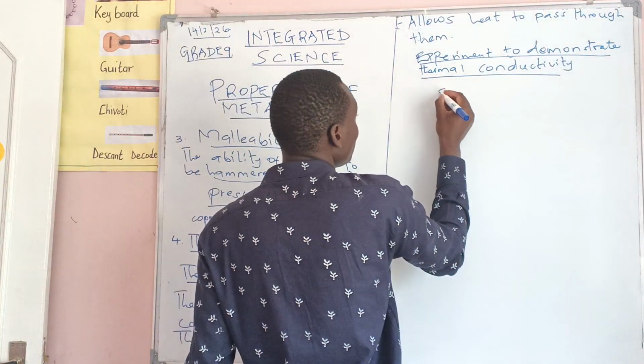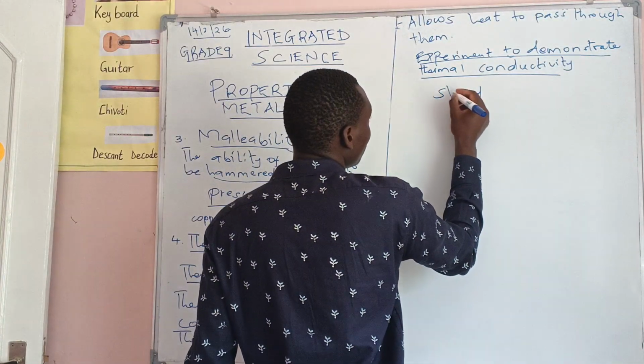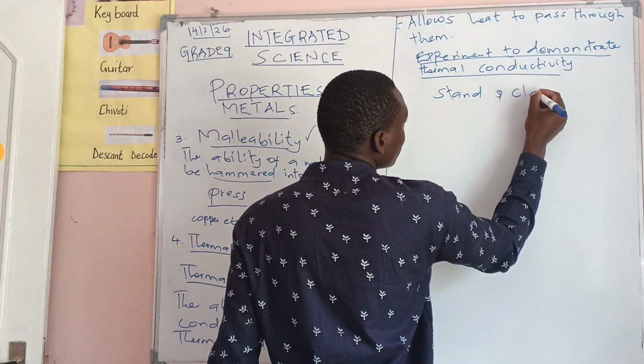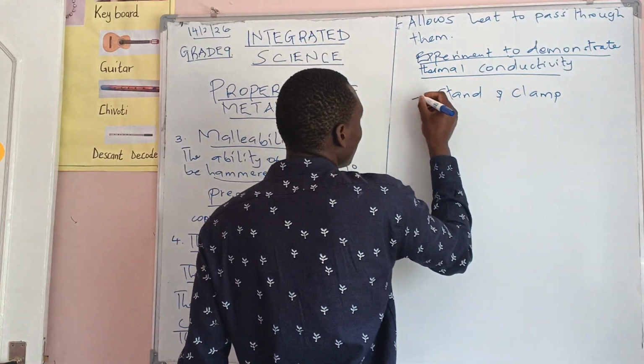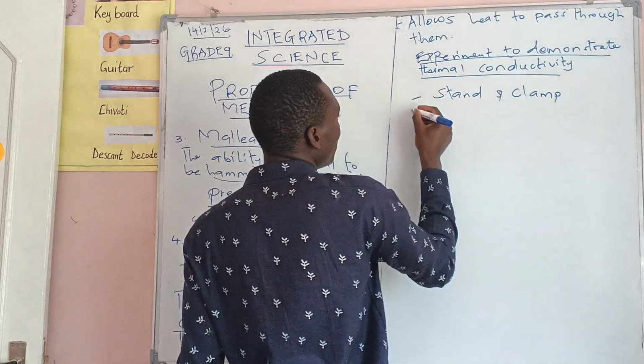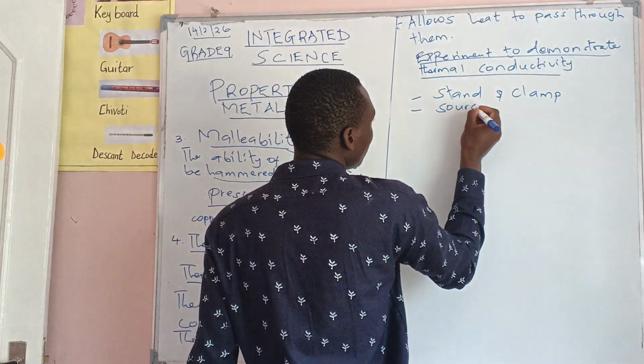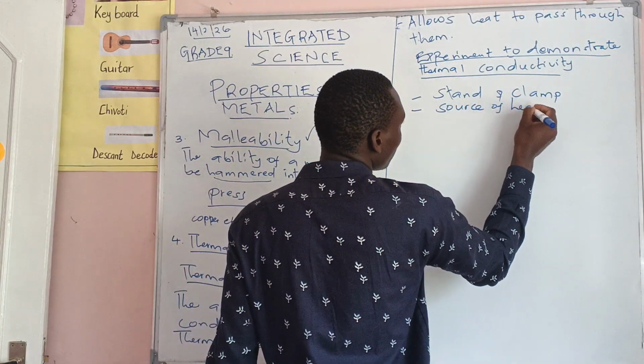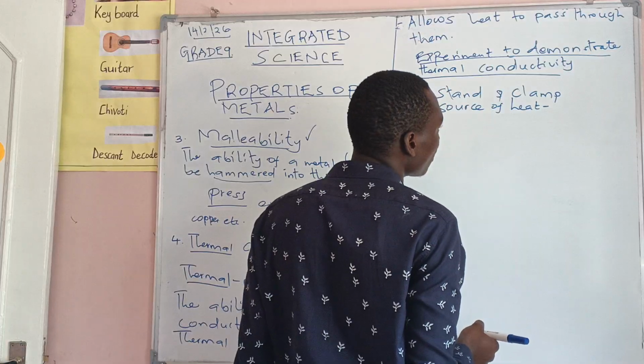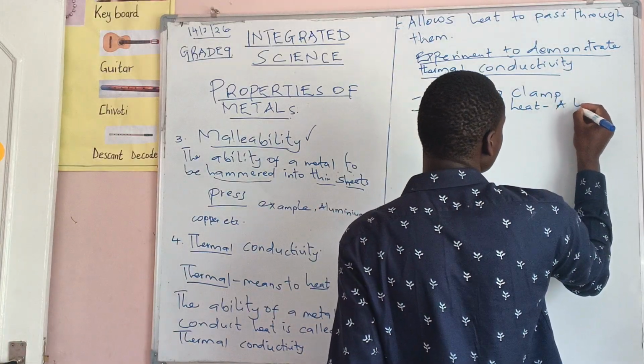I have a stand and a clamp. That is one. Number two, I must have a source of heat. In this case, I'm going to use a Bunsen burner.